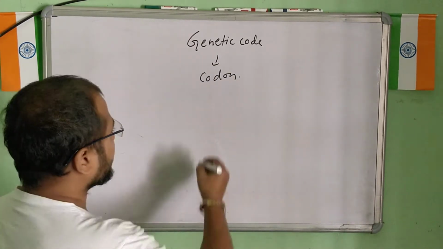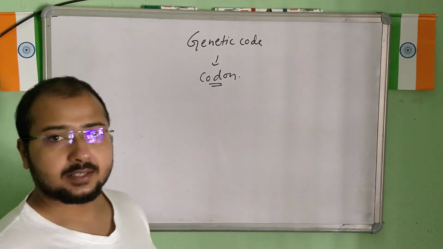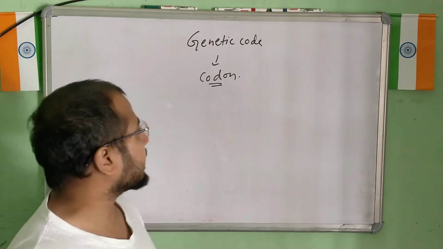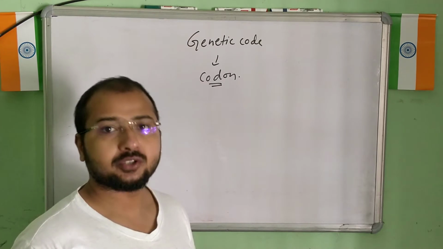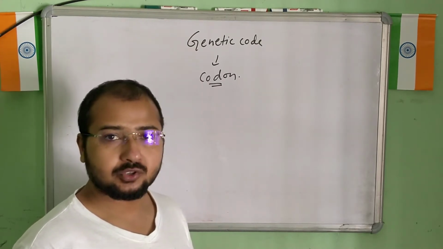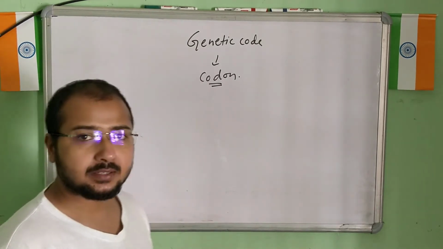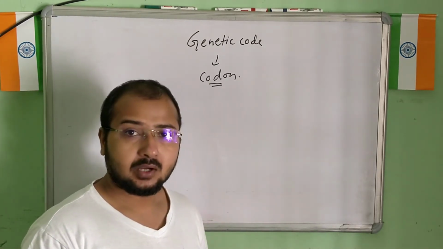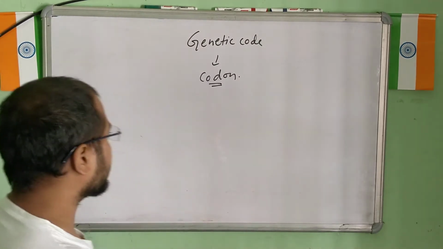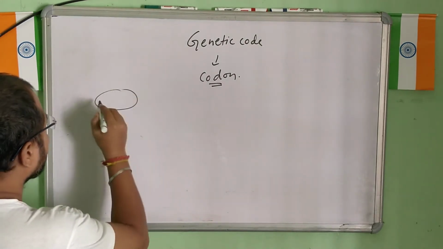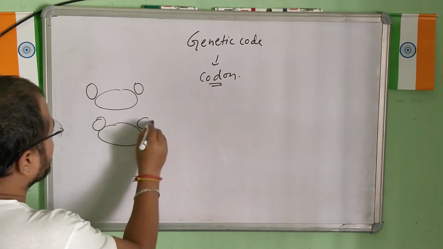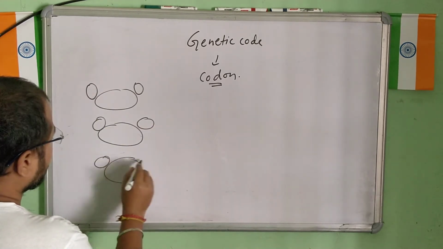Okay, so codon basically is a sequence of nucleotide molecules. Basically we indicate them by nitrogenous bases, consecutive nitrogenous bases. So one codon means 3 consecutive nitrogenous bases, they form one codon. For example, suppose 3 consecutive nucleotide molecules are there.